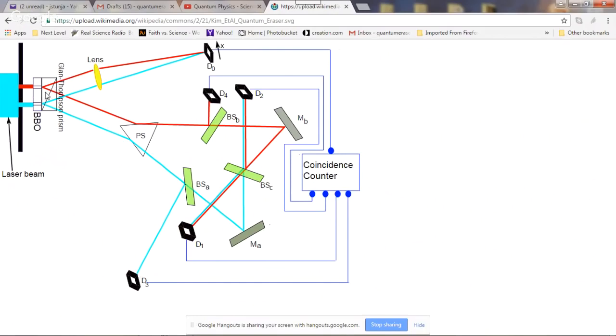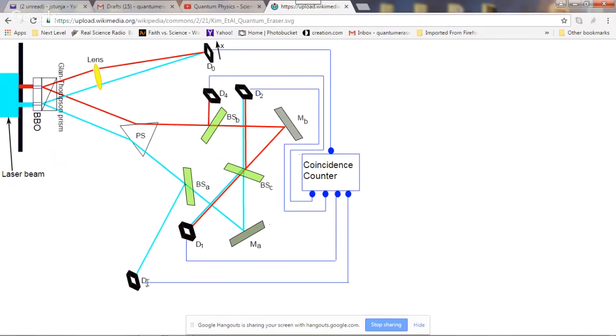The signal photon goes to D0. The idler follows the red path. Well, as you can see, if it reflects off of BSB and hits D4, guess what? We know the path information, because there's absolutely no way a photon fired out of slit B can hit D4, right?